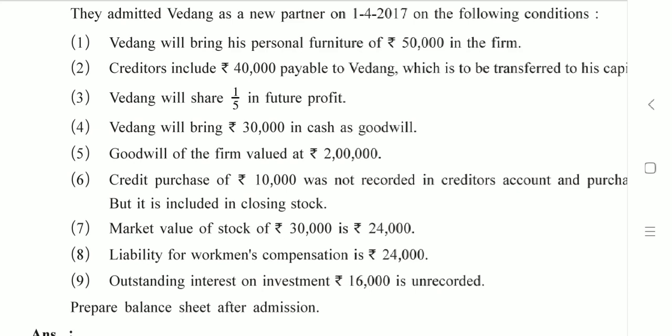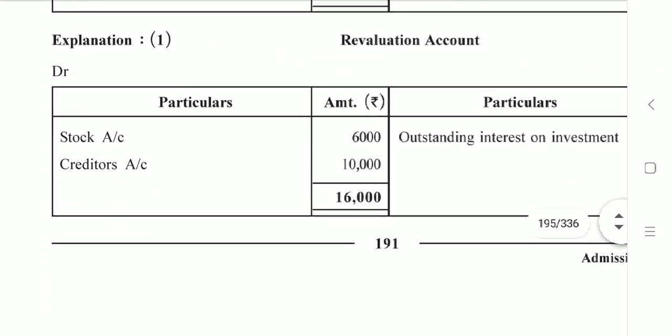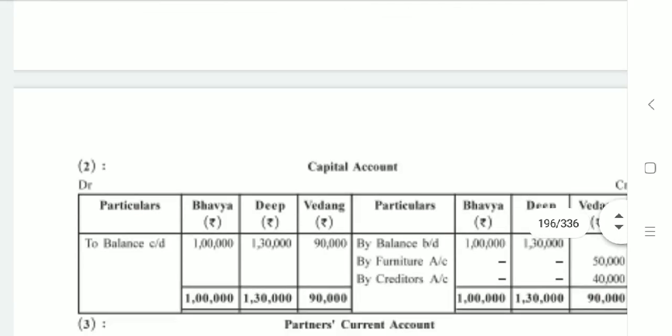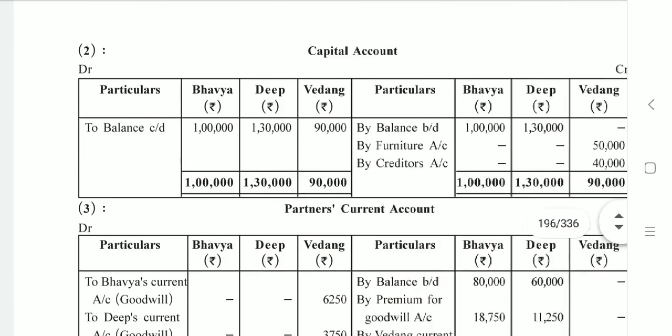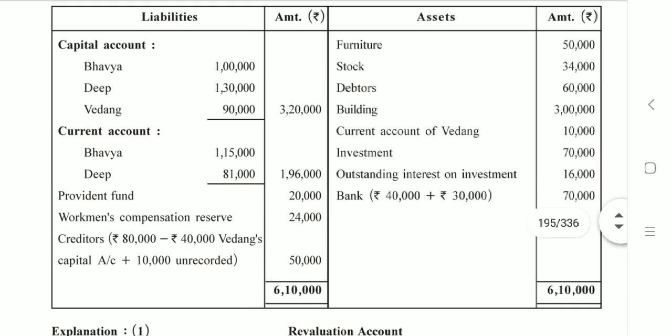Yes, so even though they have asked us only balance sheet, still it is necessary that we prepare all the accounts so that you can transfer the answers, and then you can tally balance sheet.